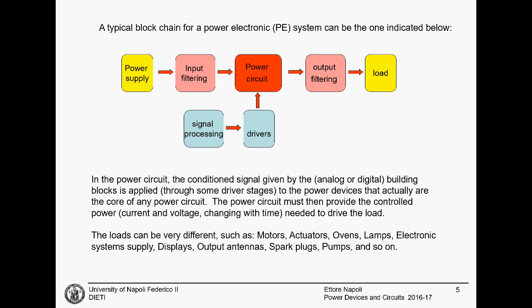They are conventionally named power semiconductor devices. And this is also something that we will study. The power devices are the core of these power circuits. Most of the power circuits are basically determined, their performances are driven by the power devices.